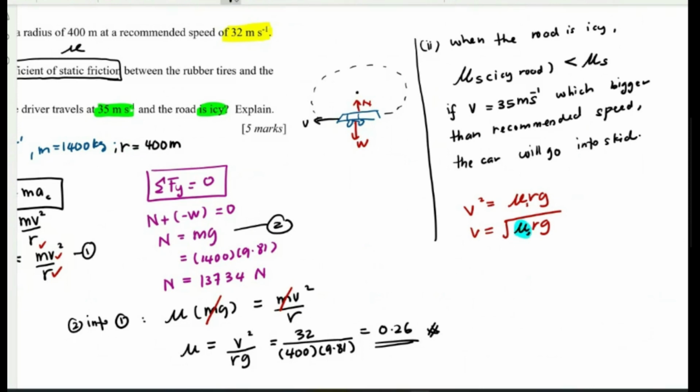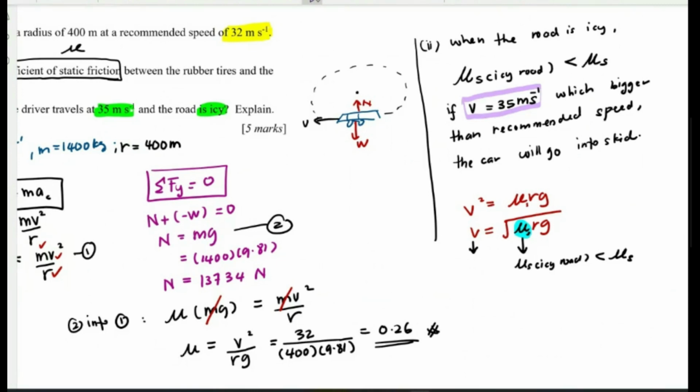For the icy road, mu for the icy road will be smaller than mu for the usual road. So maknanya V ni, the speed of the car ni sepatutnya dia kena lagi kecil. Tapi kalau kereta tu bergerak melebihi V equal to 35 meter per second, which is bigger than the recommended speed.